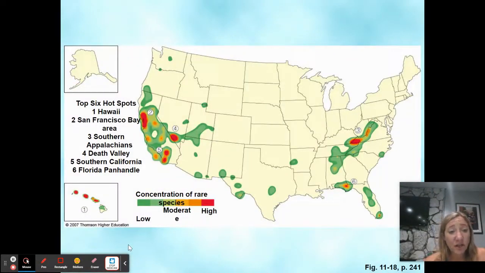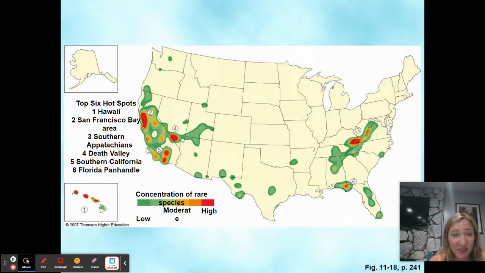So these are the top 6 hotspots in the United States for biodiversity. Not surprising that Hawaii is number 1. Part of it is if you look at the concentration of rare species, because the islands are far from everything else, they have some species that are found only there, or in higher numbers there. But we also have quite a lot here.